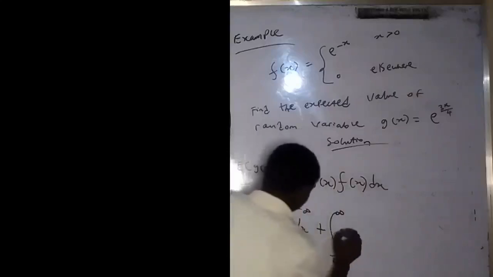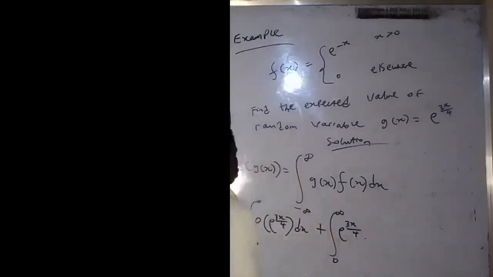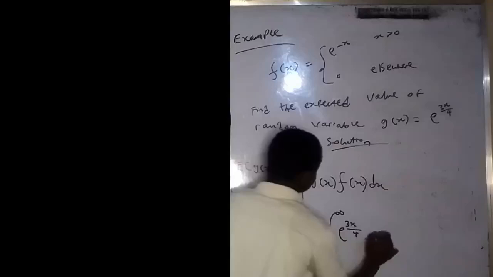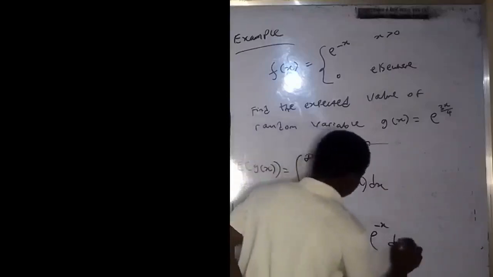So here we have exponential 3x over 4 times f of x, and f of x here is minus exponential minus x dx.